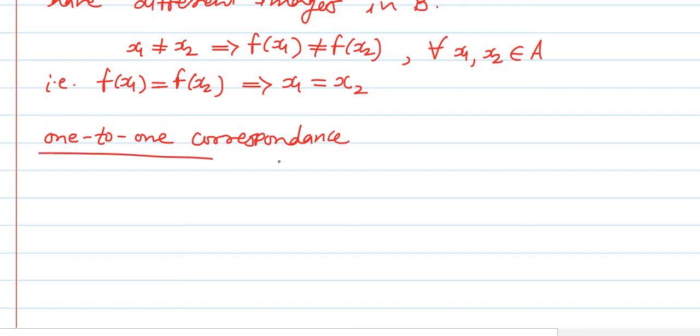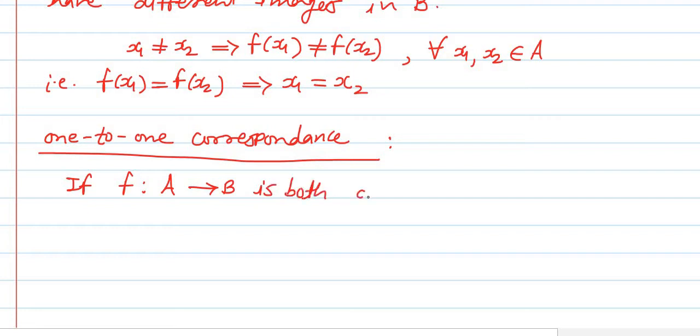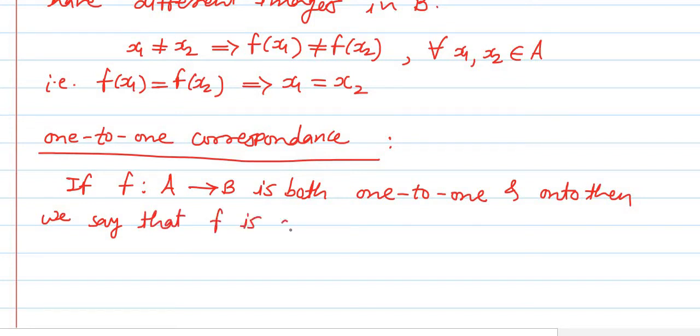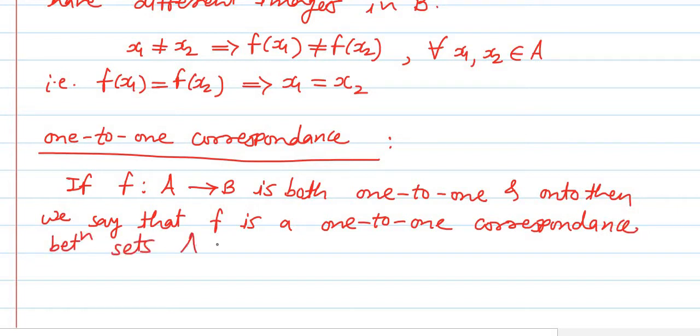If a mapping F from A to B is both one-to-one and onto, then we say that F is a one-to-one correspondence between sets A and B.